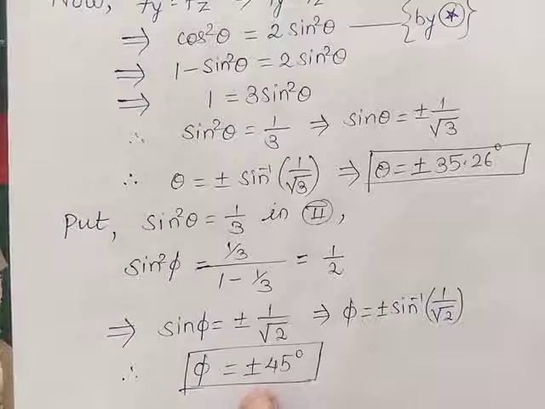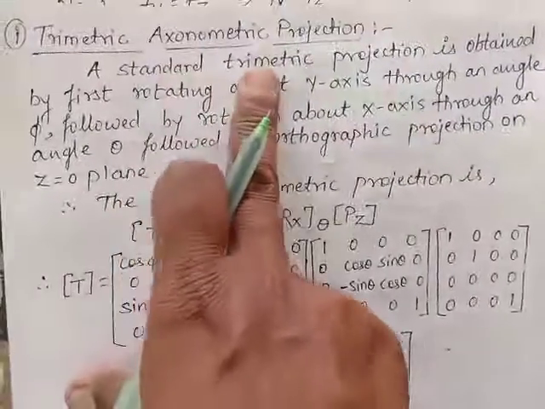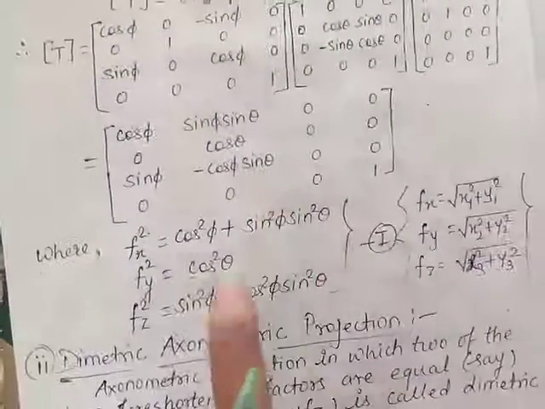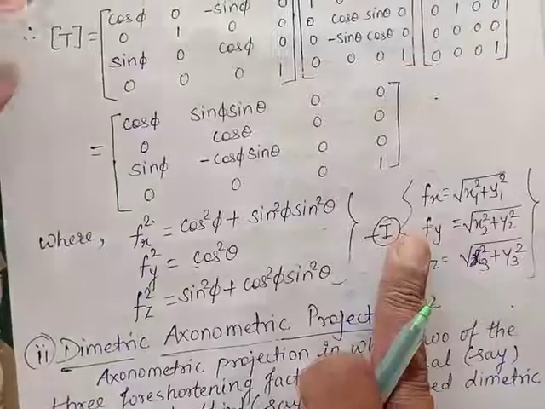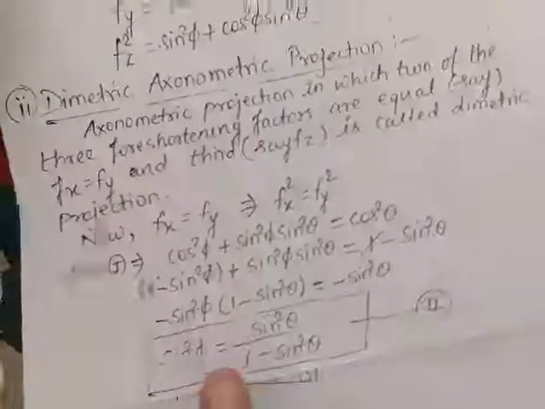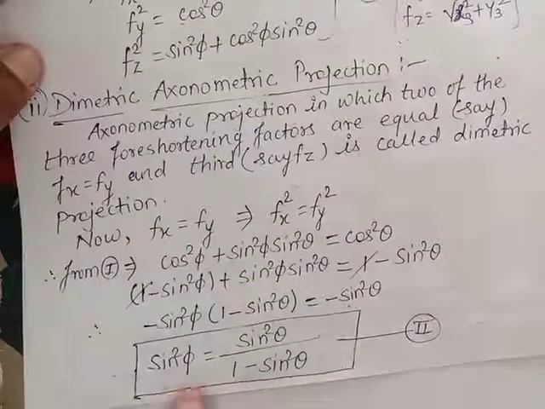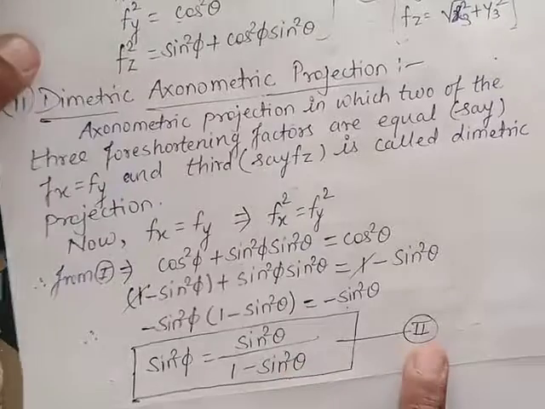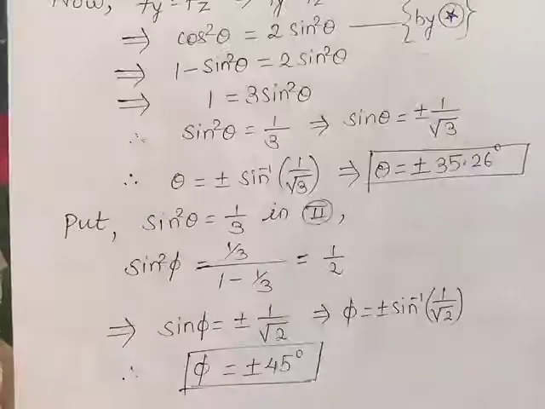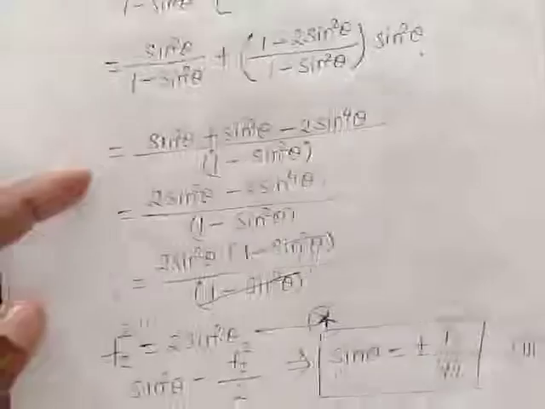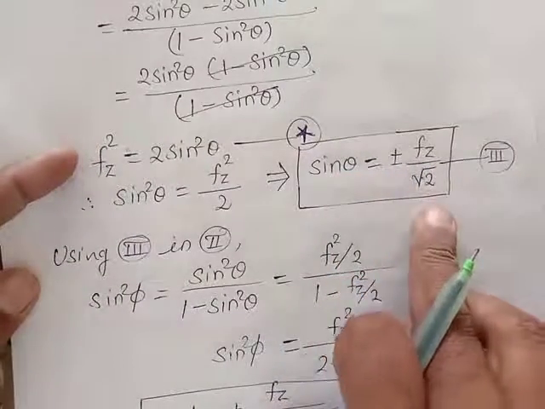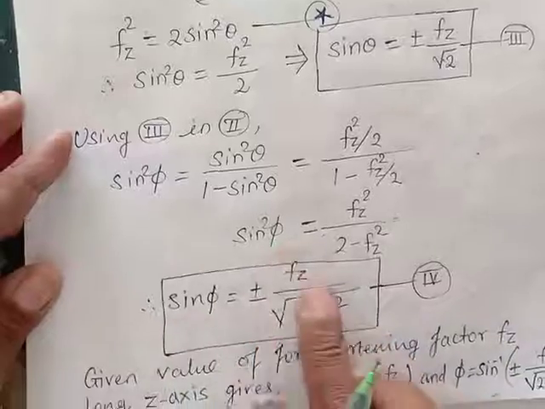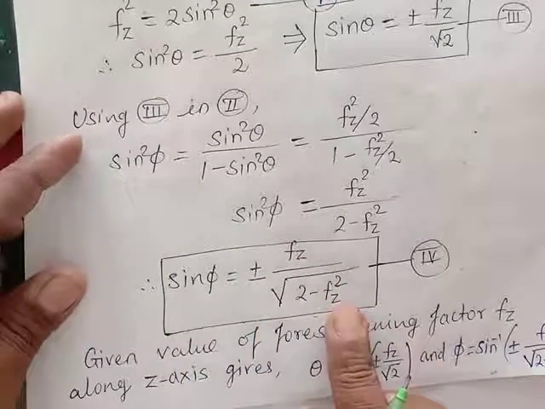Now, remember this, for trimetric axonometric projection, these are the four shortening factors. That is equation 1. From that one itself we have deduced these sine square phi for axonometric projection. Actually, here we have sin theta is plus minus fz by root 2, sin phi is plus minus fz upon root of 2 minus fz square.